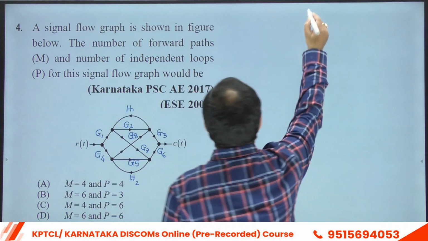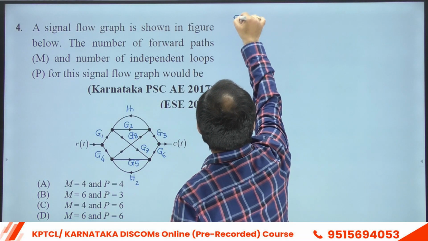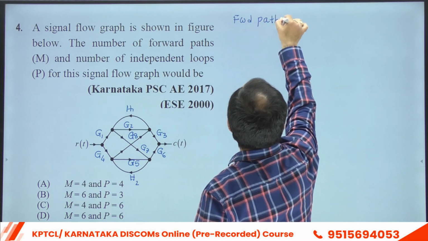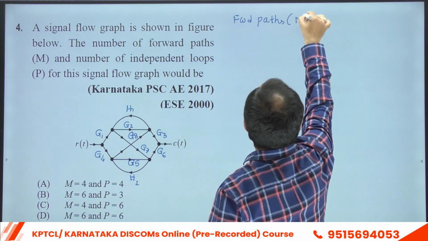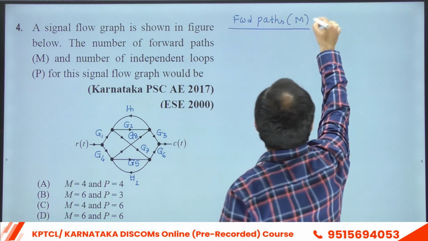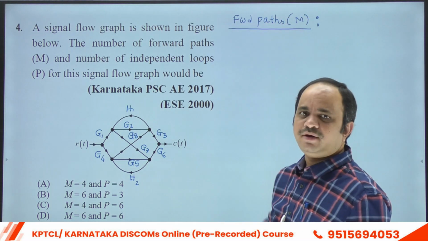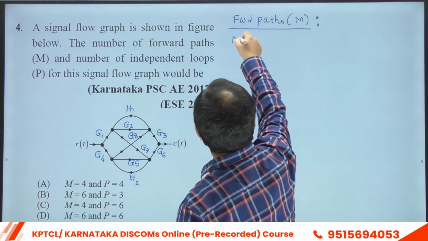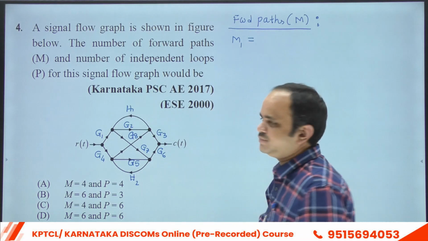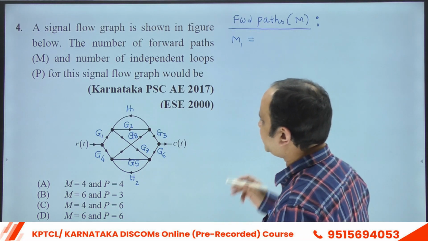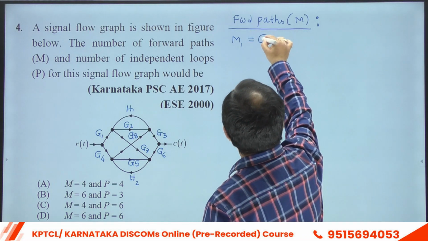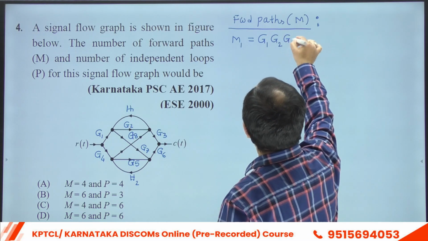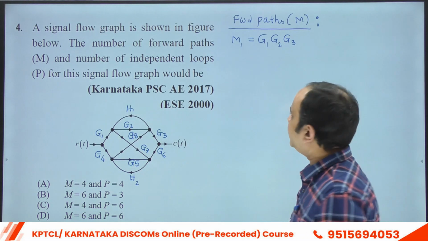So first let us try to identify forward paths, that is M here. Okay. So let us try to identify forward paths. So one forward path, let us write with the M1. What is the first forward path I can say? That is G1, G2, G3, right?